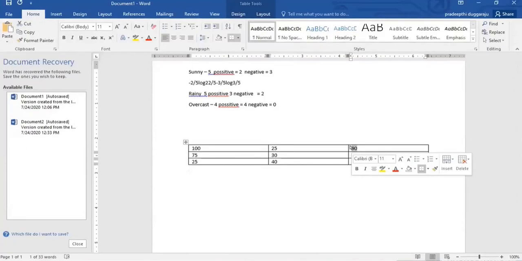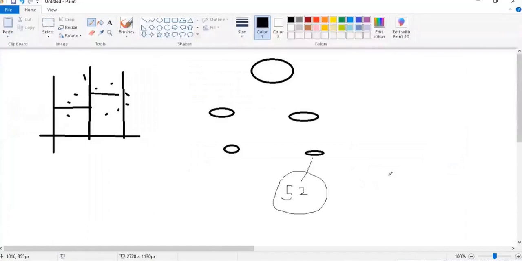No. So what happens? Mean square error takes place: 90 minus 52, whole square, divided by n. I told you the formula of mean square error, right? This is the error.